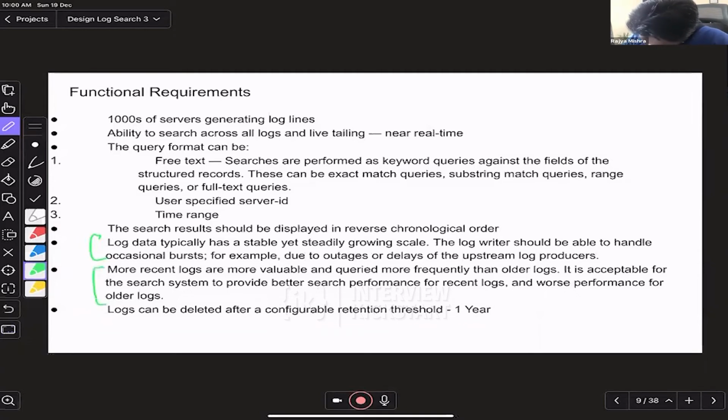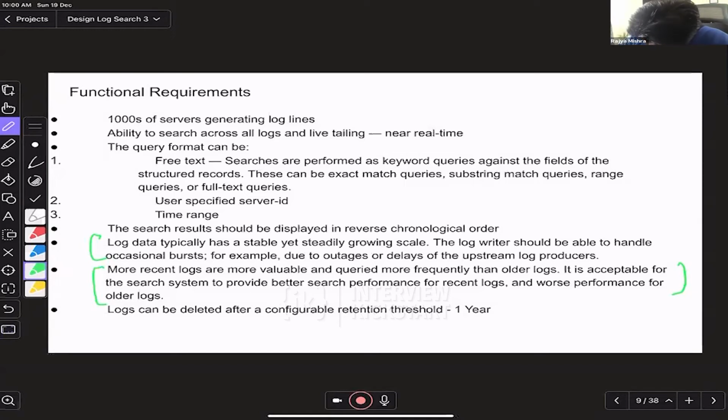Then this is the latency part I was mentioning: the recent logs should have very low latency, because as a software developer, I'm very interested in the last 2 or 3 hours of logs compared to 2 or 3 days ago, or maybe 1 month ago.